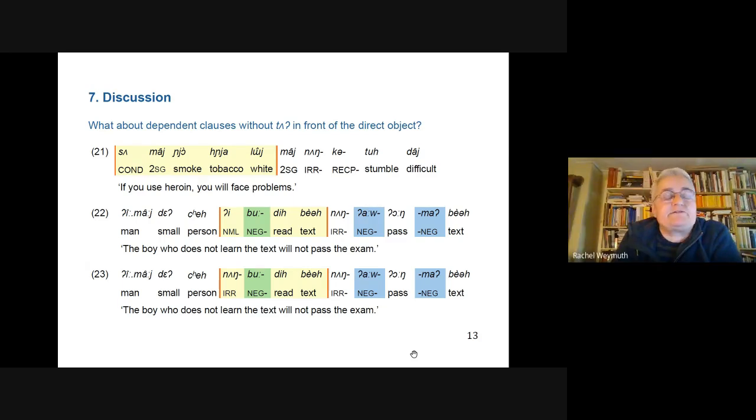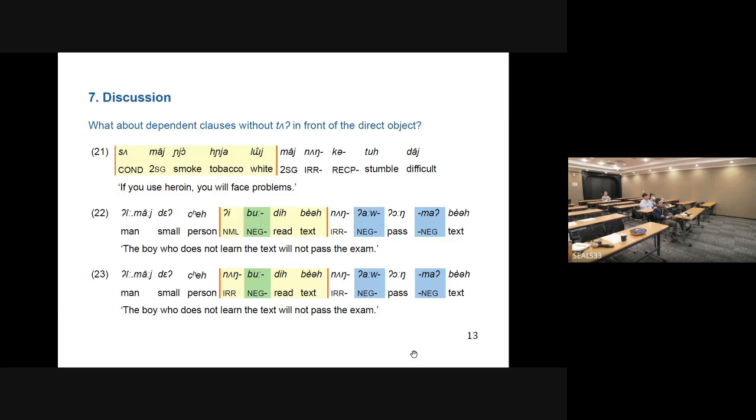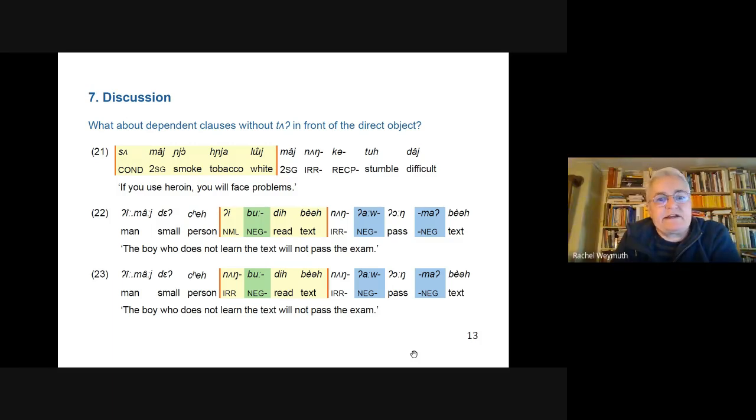A feature of dependent clauses is that they use simply bu as a negator, and independent clauses use also au and ma. These two negators are not possible in dependent clauses. So we see it is still a dependent clause, but maybe it is nominalized.